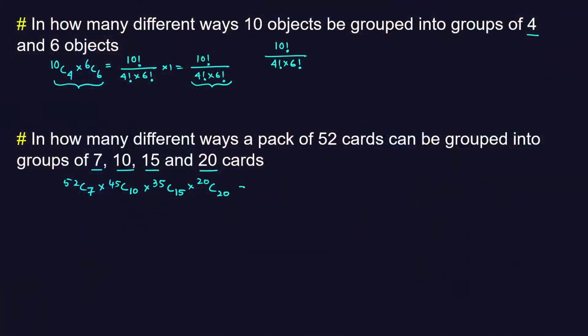So what we are getting here: 52 factorial divided by factorial 7 into 45 factorial, into factorial 45 divided by 10 factorial into 35 factorial, 35 factorial divided by 15 factorial into 20 factorial, and 20C20 can be written as 20 factorial divided by 20 factorial into 1 factorial.